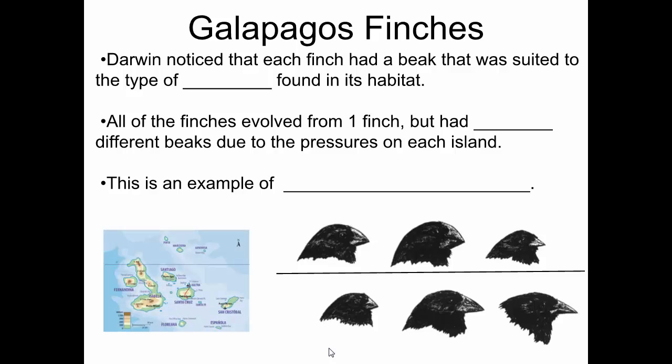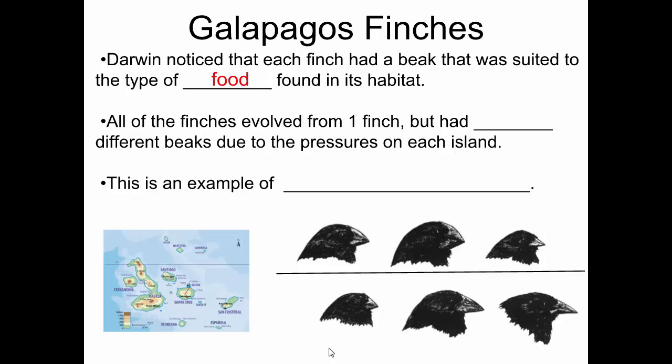One of the places Darwin visited was the Galapagos Islands. They're a series of small islands off the coast of South America, a whole bunch of islands that are sort of separated from each other. When he went there, what he found was that the finches, these small birds on these islands, each had a beak that was unique from the finches on the other islands. He noticed that their beaks were perfectly adapted to whatever foods were common on the island he was on.